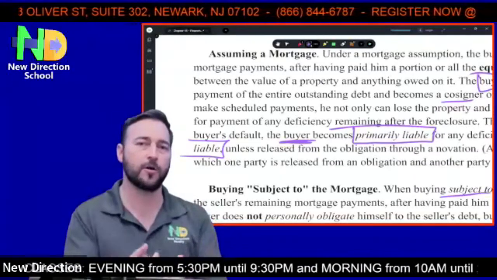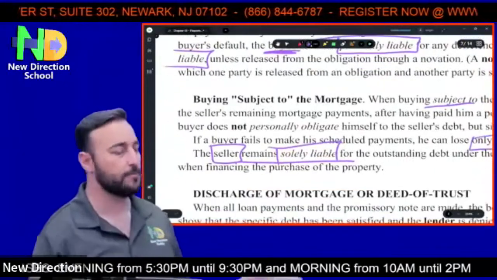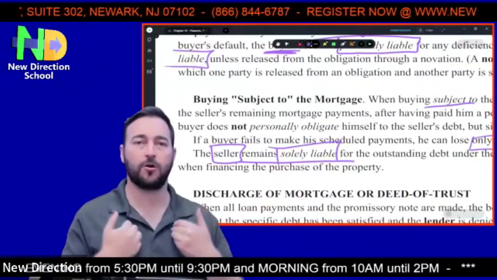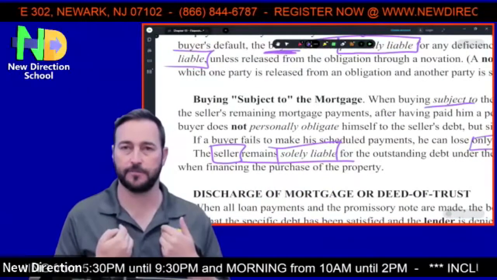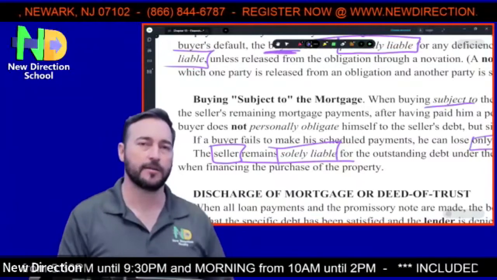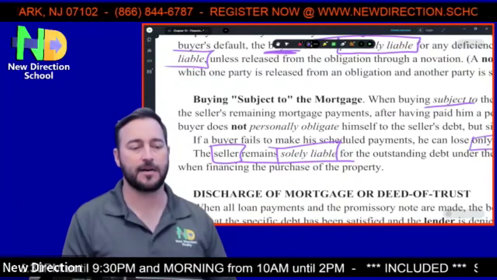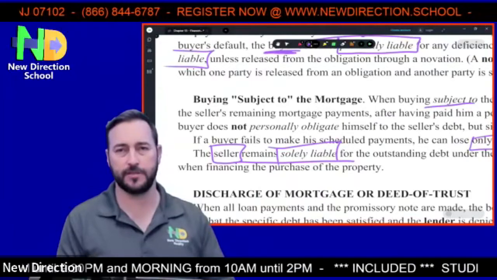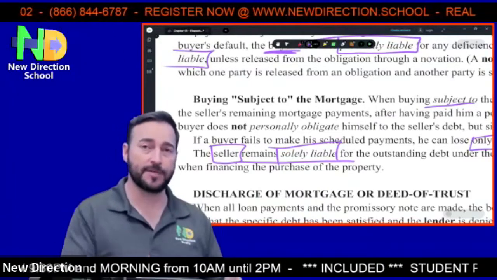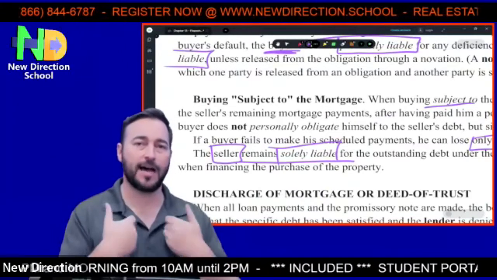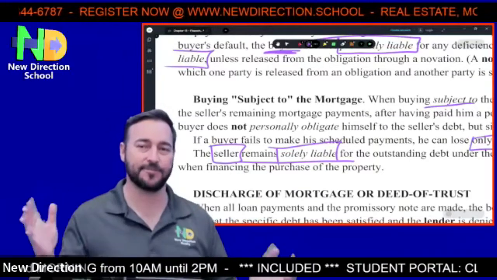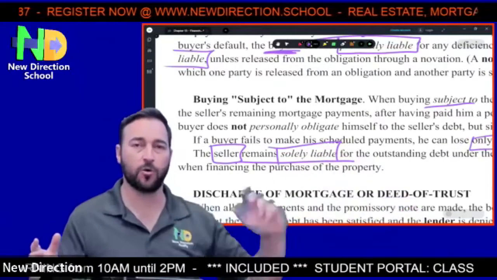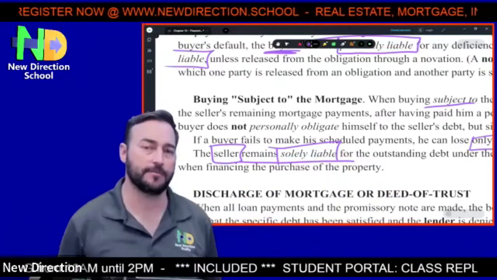All the parties know about it. Buying subject to, I'm the only one responsible for it. So if he walks away, Randy loses the benefits of the property and the equity. I get sued for any difference between whatever was recovered in court and the outstanding loan amount.